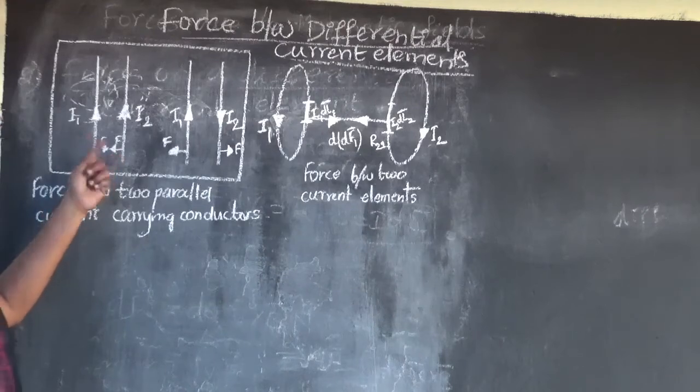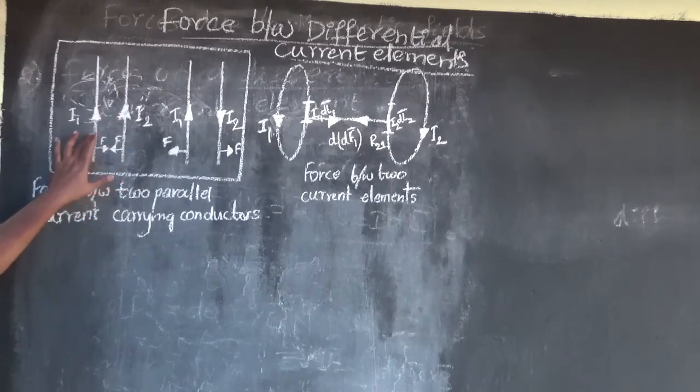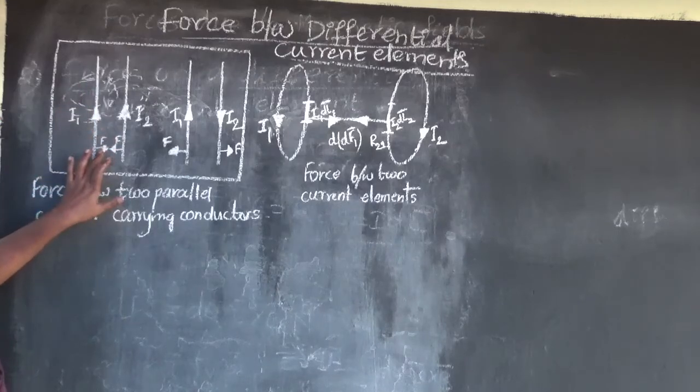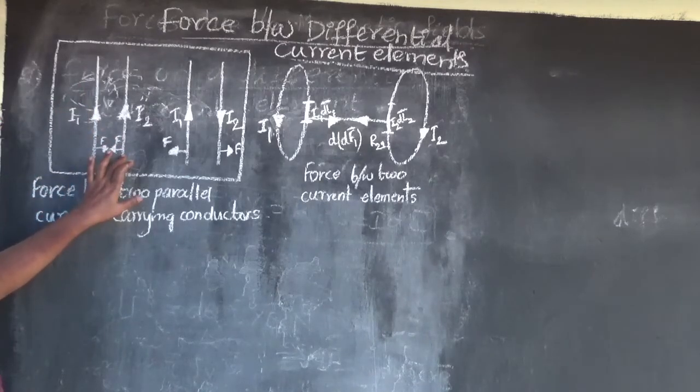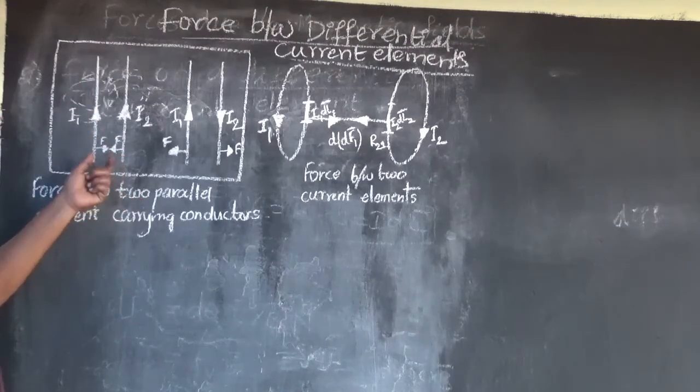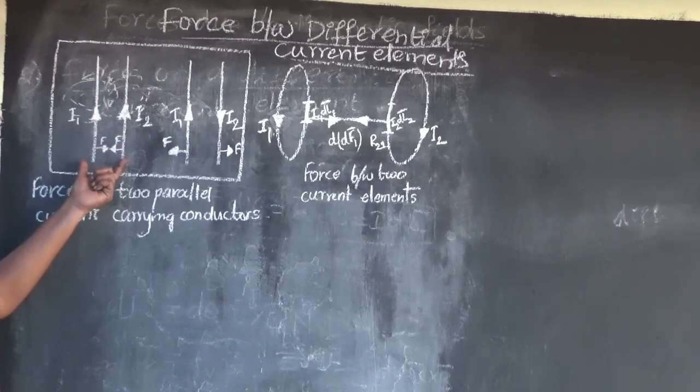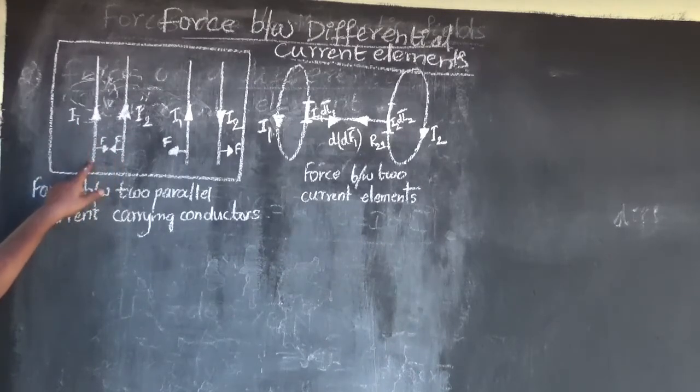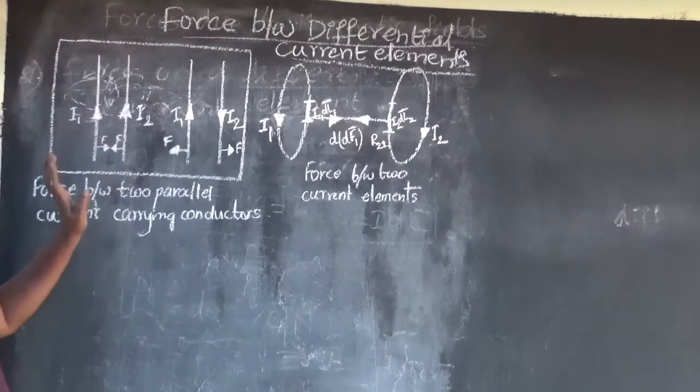So what is the condition for the force which one current carrying conductor produces upon the other? The condition of attraction between these two current carrying conductors is that the current flowing through them must be in the same direction.